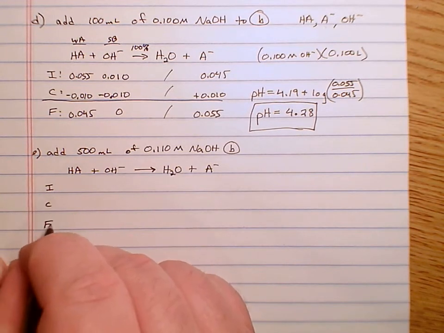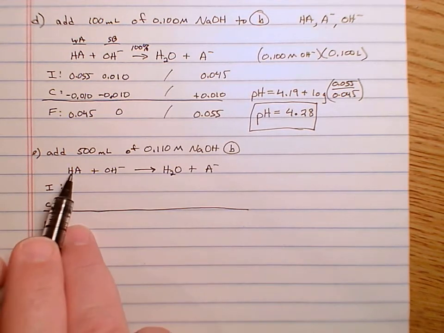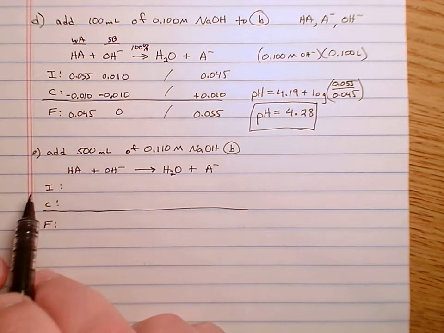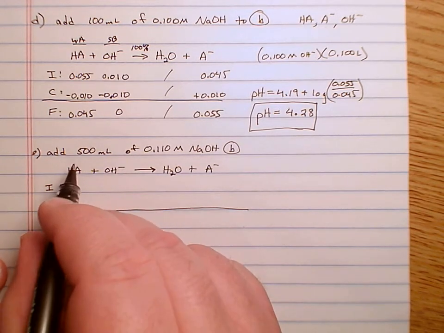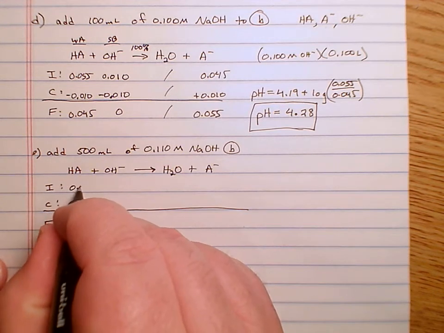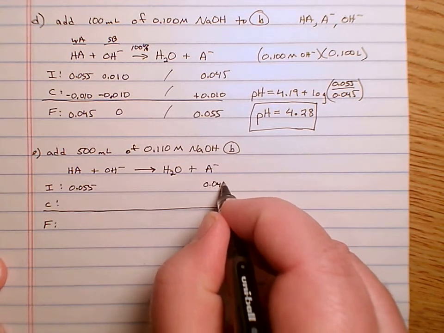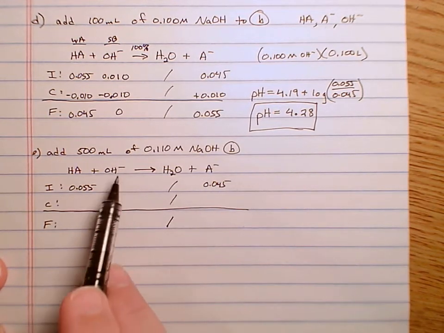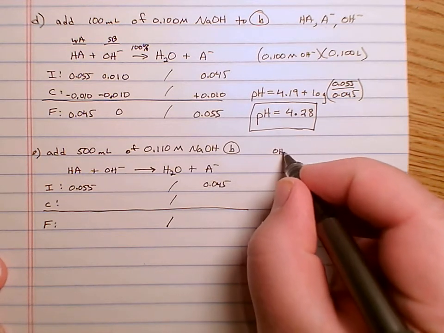Initial, change, final, because it's a 100% reaction of weak acid, strong base. And our initial, remember this is our initial buffer B, so HA is 0.055 moles, A minus is 0.045 moles. We're not going to care about the water, so we just need to find the number of moles of hydroxide.